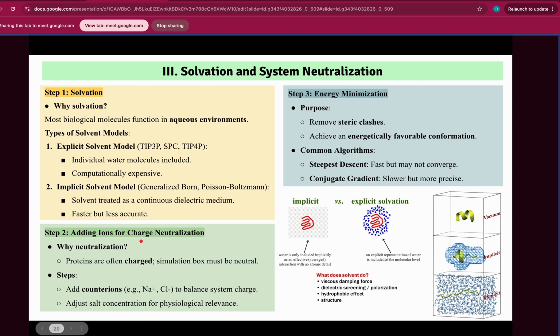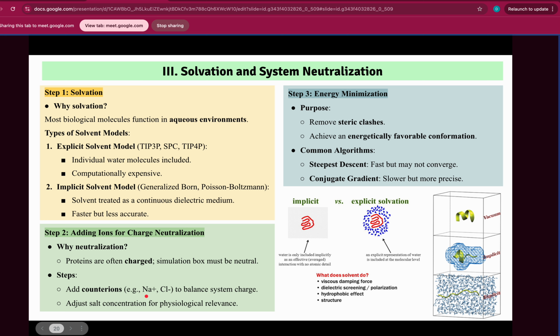Next step is to add the ions for charge neutralization. Now why perform this neutralization? We know that our proteins are charged, so the simulation box which we make must be neutral. So how to neutralize the protein? We add counter ions. For example, if my protein is negatively charged, then I will add that number of Na positive ions that can stabilize the negative charge.